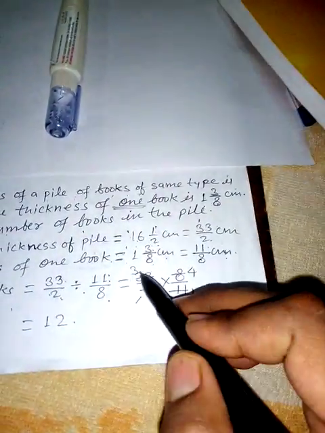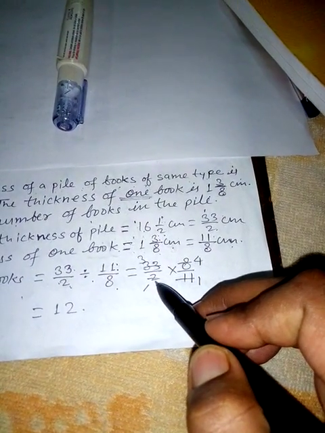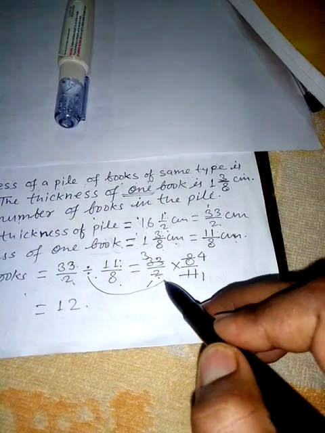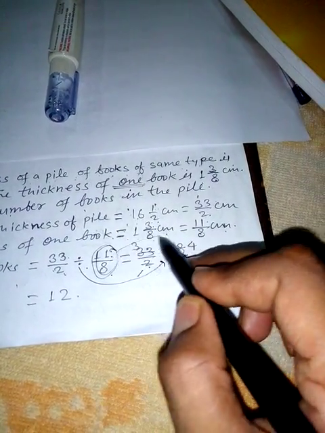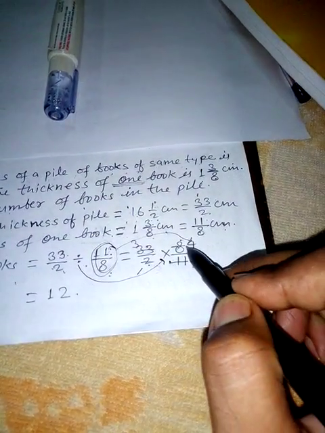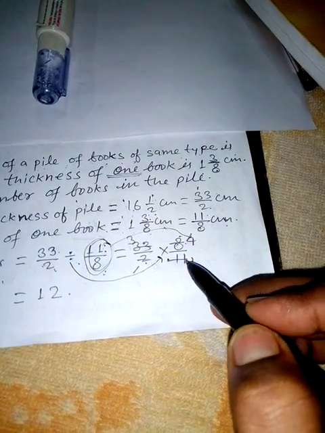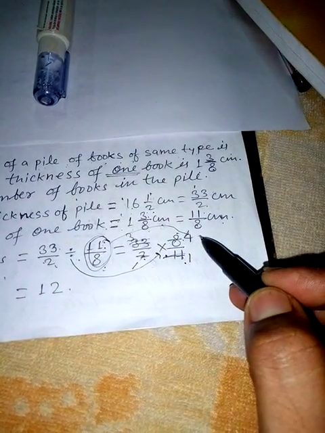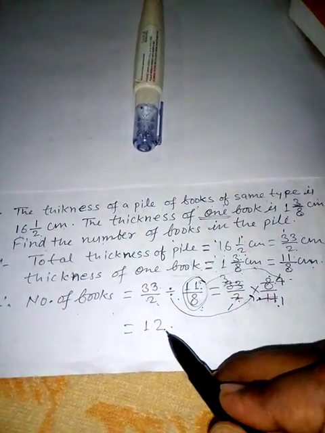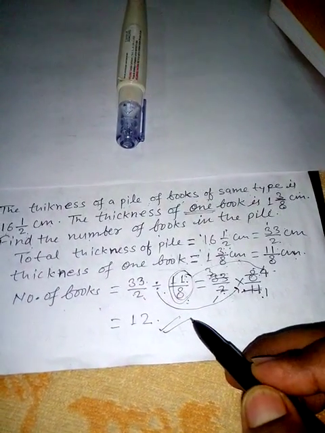Now 33 by 2 is written as usual, and this division changes into multiplication, and then we write the reciprocal of 11 by 8, that is 8 by 11. If you solve it, 11 threes are 33, 2 fours are 8, so 3 fours are 12. Therefore the number of books is 12.